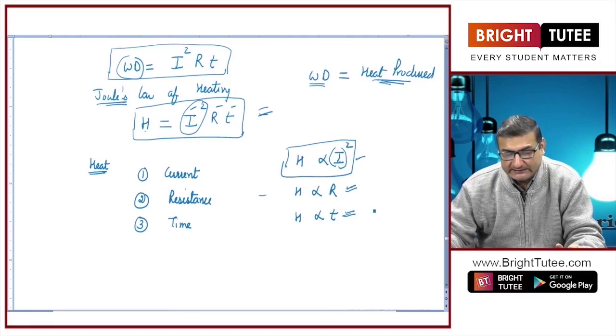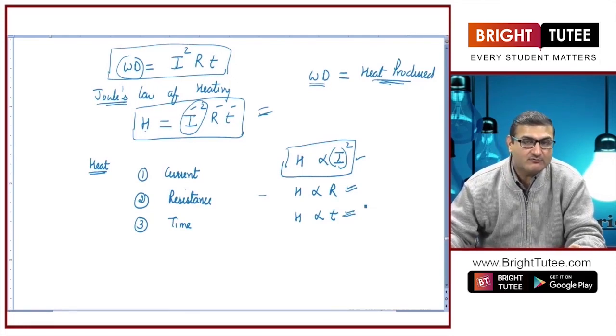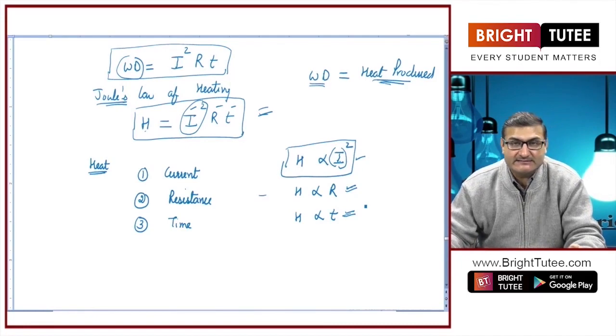Fine, got it? Now there is one important thing that we need to remember. Many times the question arises that if we switch on a bulb or an electric iron, we see that the electric iron, or the bulb, becomes hot, but the cord does not. Why is it so? The cord should also become hot, but it is not the case.